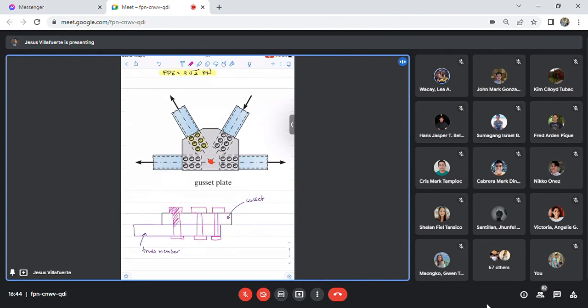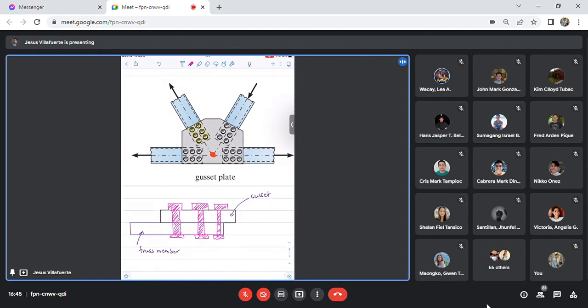So where is the shearing action developed in these bolts? Because of the tension and compression acting on this truss member, we are developing shear stresses within the bolts.